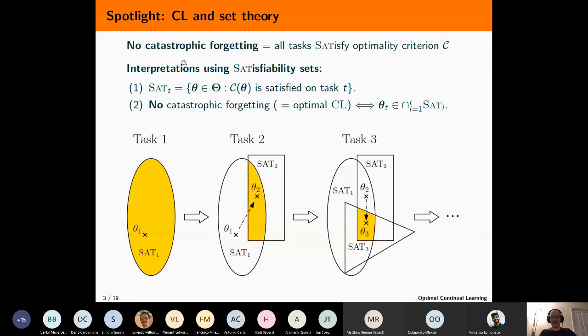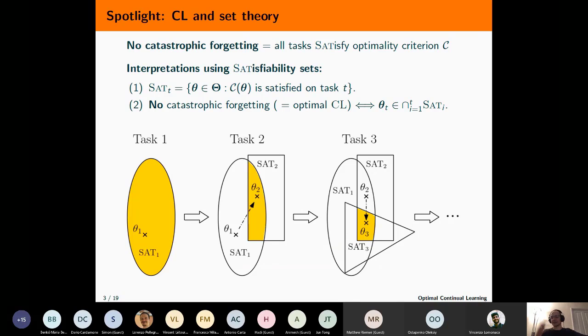So what we have here is a sequence of sets, and these sets are actually defined in relationship to tasks. In particular, they're the set of all parameter values. So you can think of them as the set of all models, all hypotheses, all parameters, whatever terminology you prefer, such that a given criterion that you want your algorithm to possess is satisfied on that particular task.